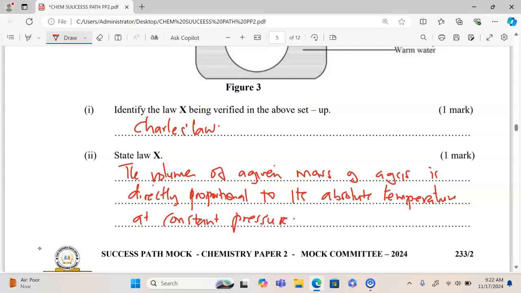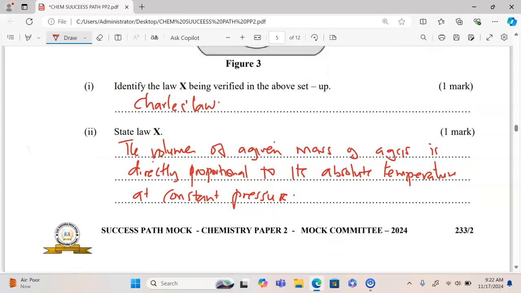So provided the pressure is kept constant, the volume of a given mass of a gas is directly proportional to its absolute temperature according to Charles.